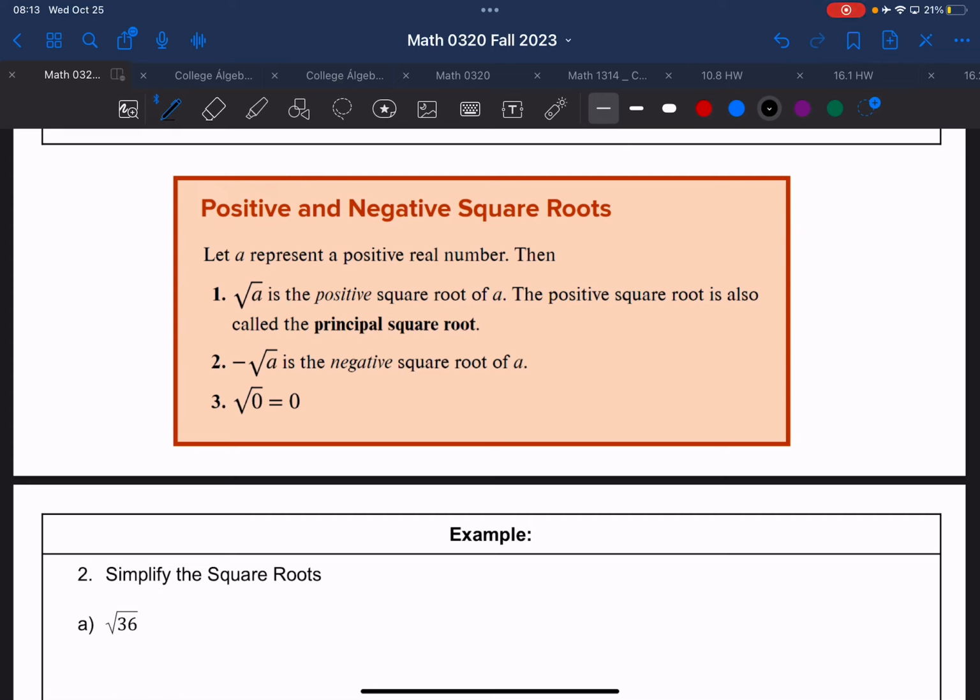Okay. We could have a negative outside of the square root. That is okay. If it's outside of the square root, then we would just take the square root of whatever that value is and attach a negative to it. Okay. And then here, just to note, like we saw above, if we take the square root of 0, we get 0.